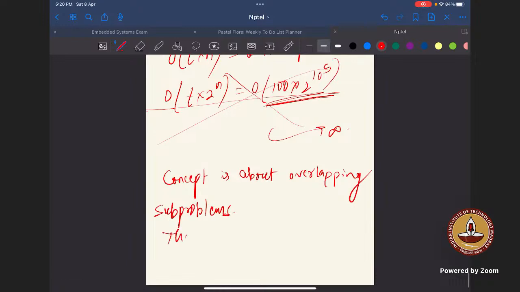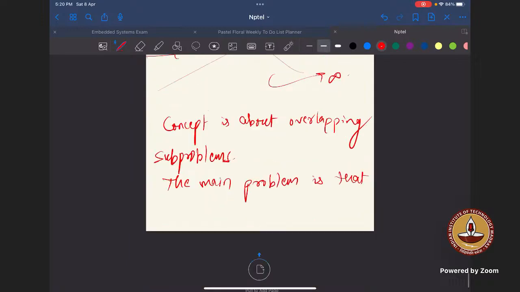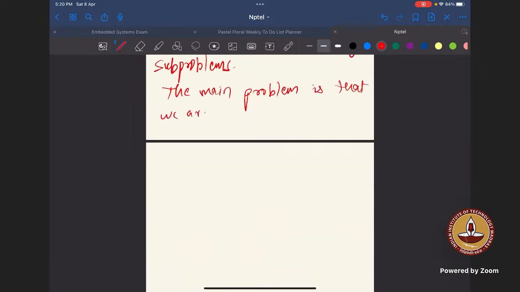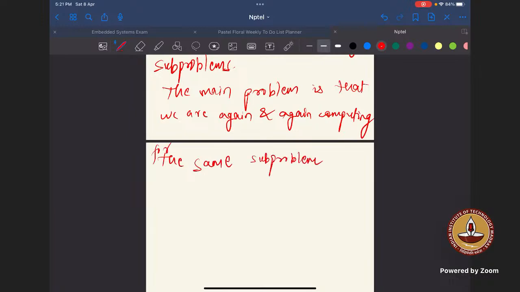And the main problem which we are encountering is that we are again and again computing the same value, computing for the same subproblem, which we want to avoid, right?